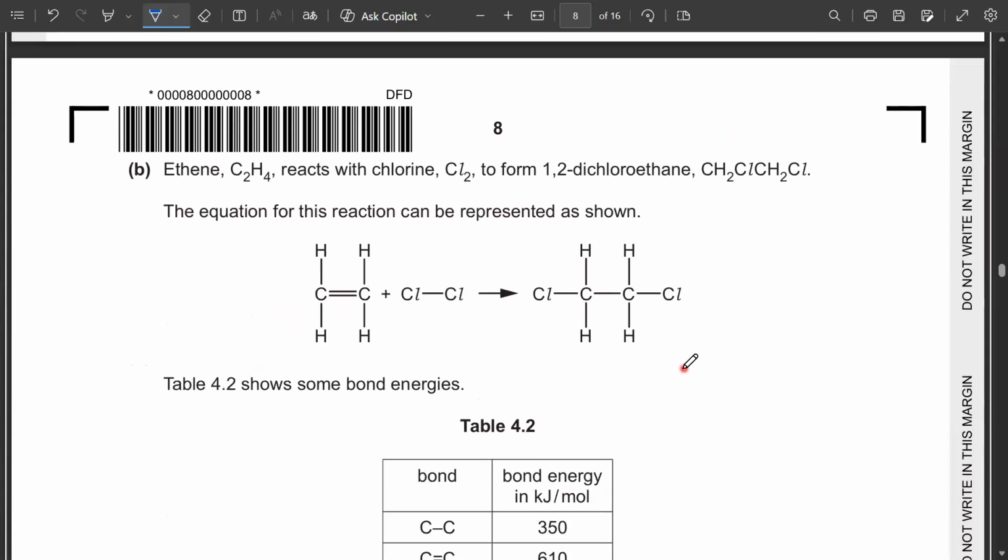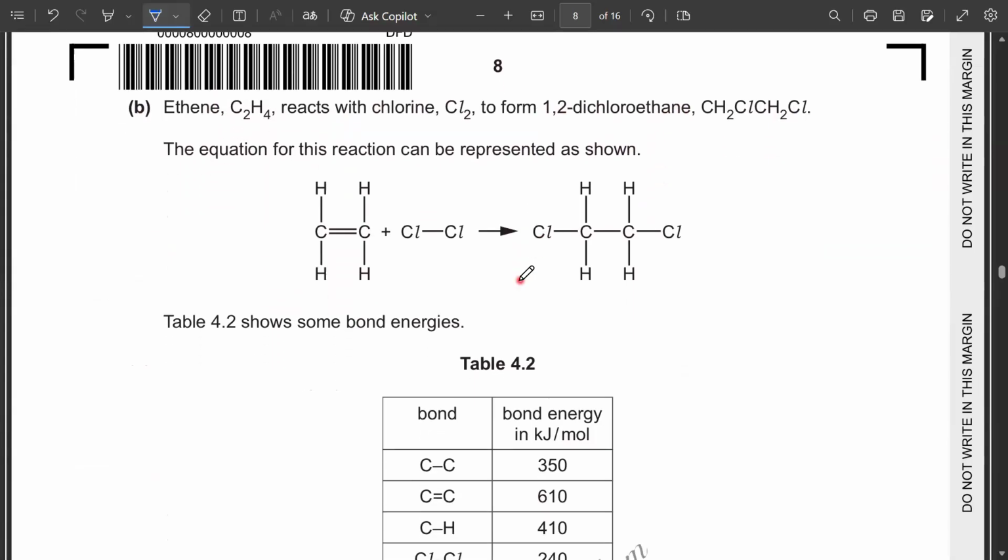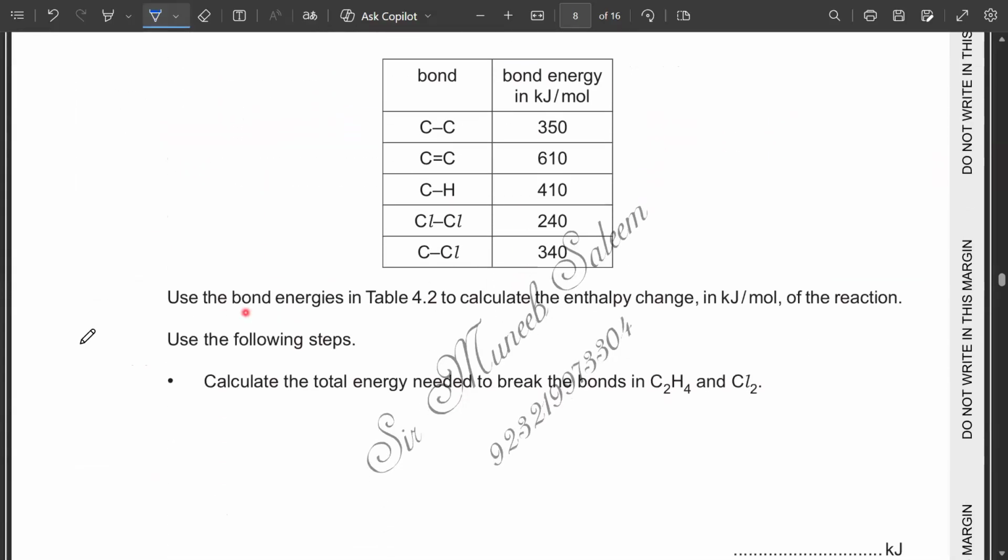Then next part. Ethene reacts with chlorine to form 1,2-dichloroethane. The equation for the reaction can be represented as shown. We have this reaction. Use the bond energies in table 4.2 to calculate the enthalpy change in kilojoule per mole of the reaction.